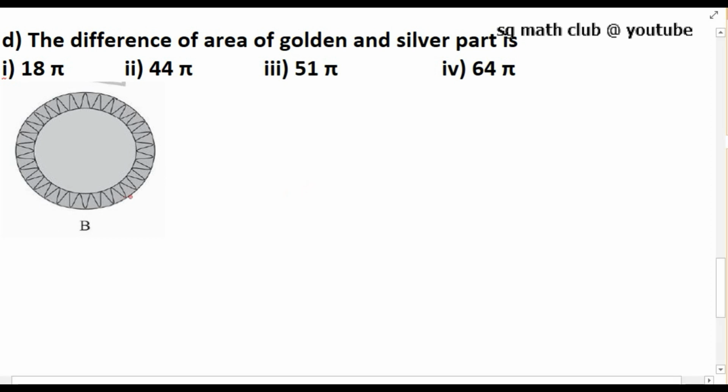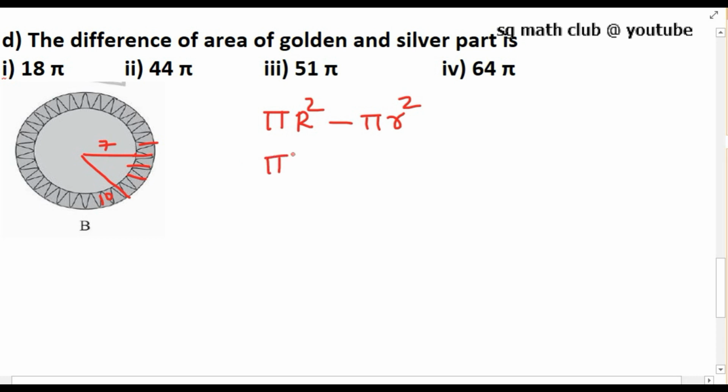Next question is, we need to find the difference of the area of golden and silver part. Just now we got that the radius of the silver part is 7 and the outer radius is 10 because this is 3 millimeter wide everywhere. So pi R square is the area of golden part and pi small letter r square is the area of silver part.